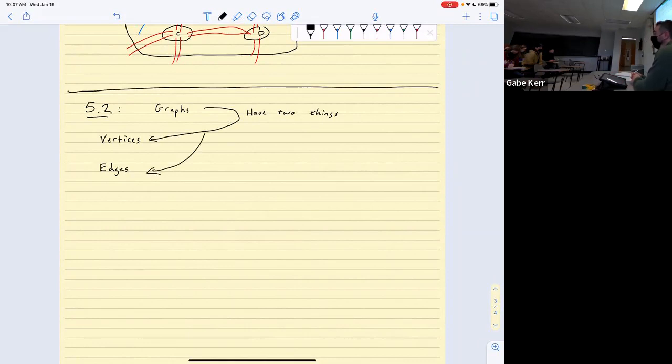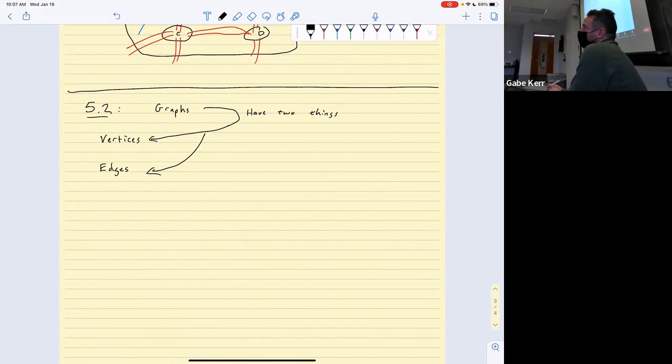And what are our vertices? Well, our vertices are abstract. Think of them as elements of an abstract set. Oftentimes we'll identify them with a label of some sort, like a letter or a name.